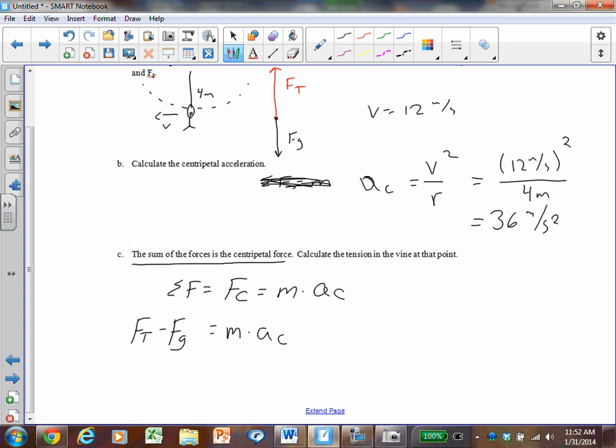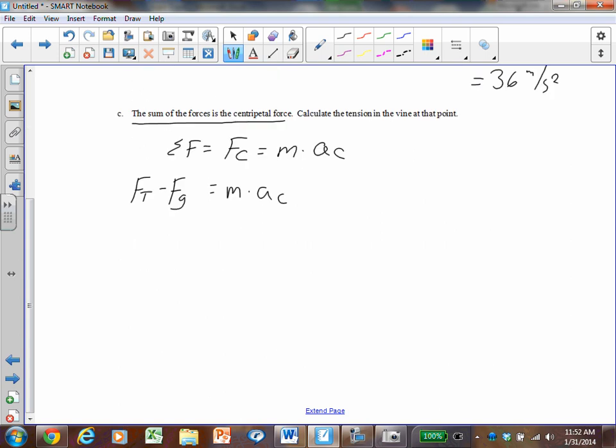And we want to find Ft. Fg would be 750 newtons. The mass is 75 kilograms. And AC is 36 meters per second squared. 2,700.